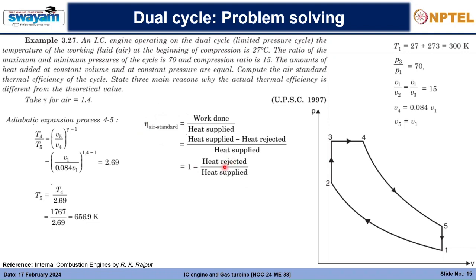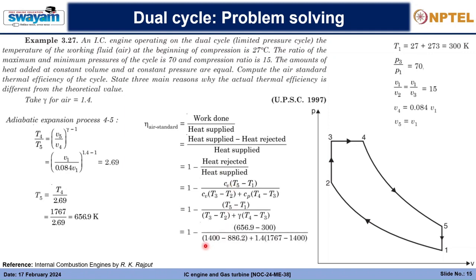So 1 minus heat rejected by heat supplied, that is the formula we will get. We just have to plug in the values, and we will get the air standard efficiency to be 65.3%.